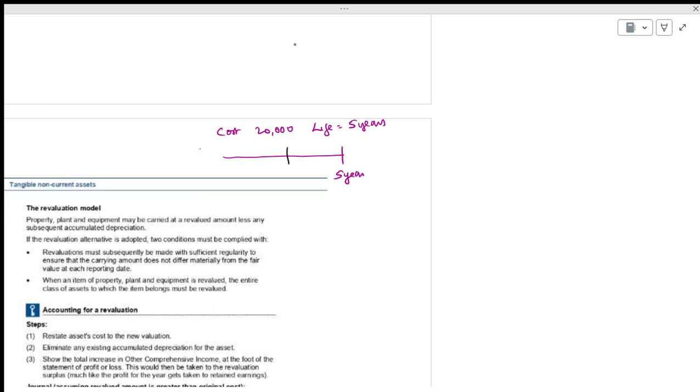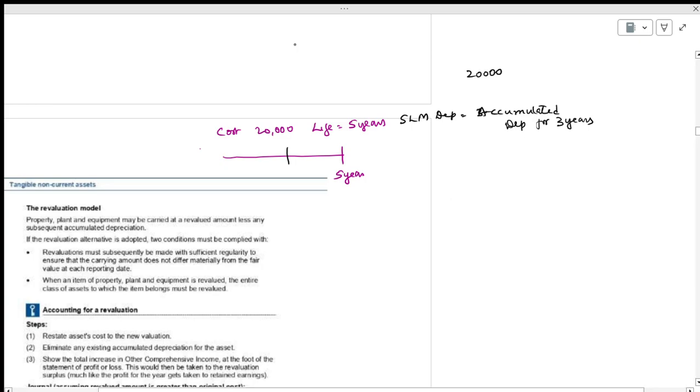it is the straight line method of depreciation. How much is the depreciation for 3 years? Accumulated depreciation for 3 years will be how much? $20,000 divided by 5 times 3 years.